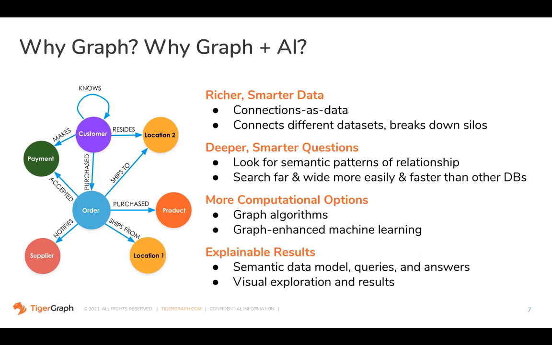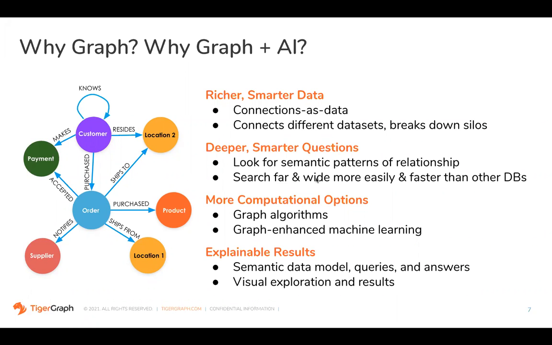It's added work it has to do after the data is stored to try to figure out how things are related. And because you can represent as many different types of relationships as you want, you really have a much richer, more dense, compact way of representing information. From that information, you can ask deeper, smarter questions, which are more semantically natural.